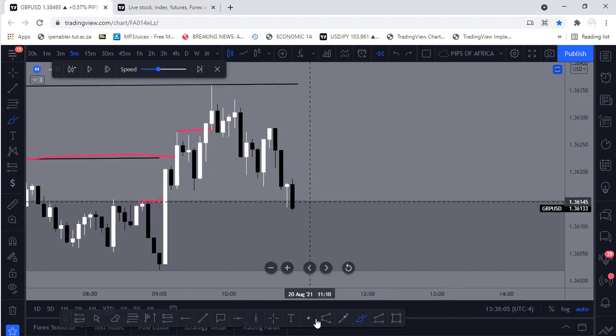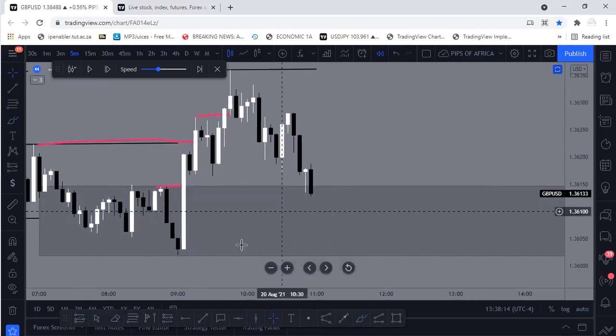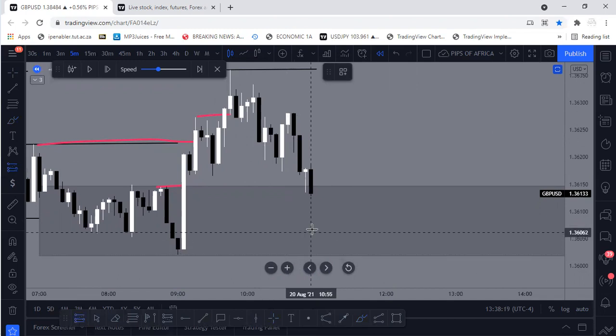All right. So now let's wait and see. I'm trying to show you how to take a trade based on this one. So this is what I did.